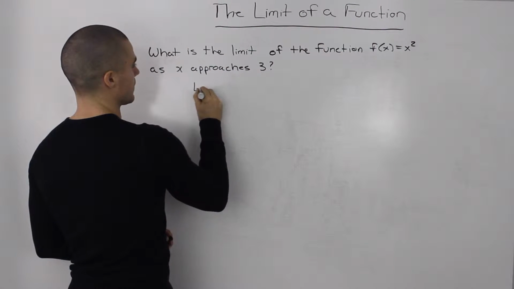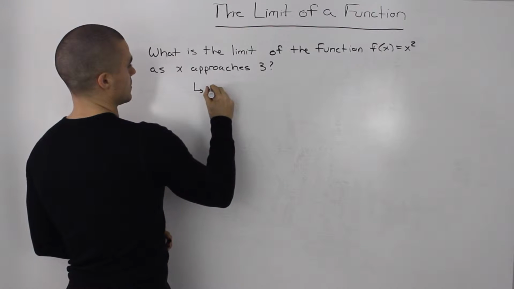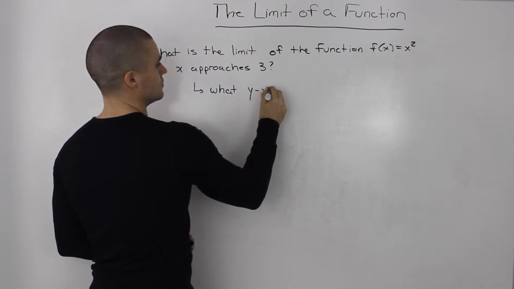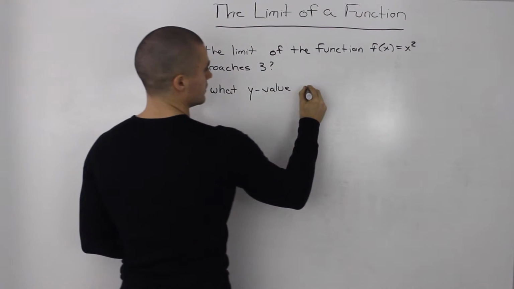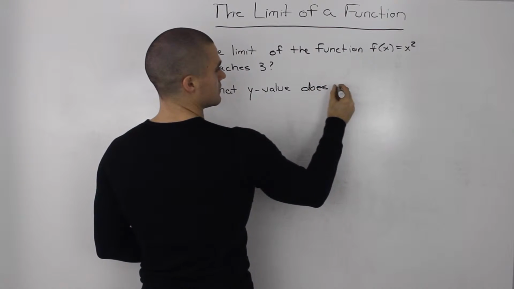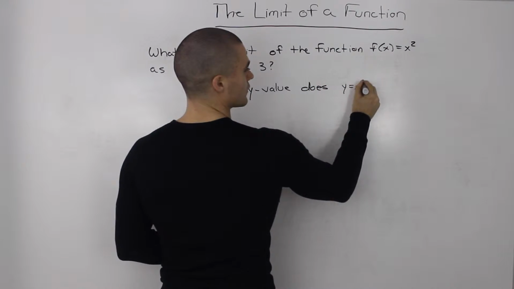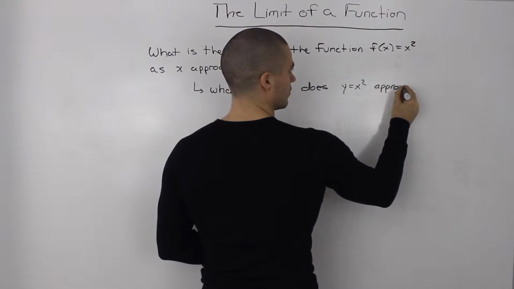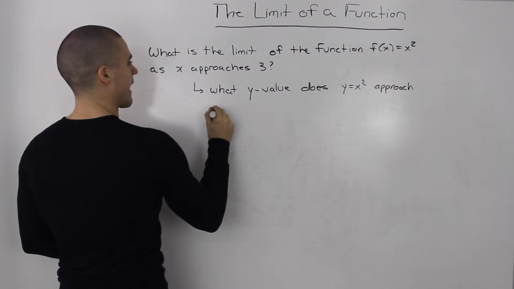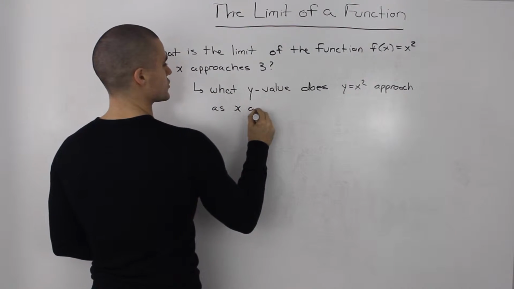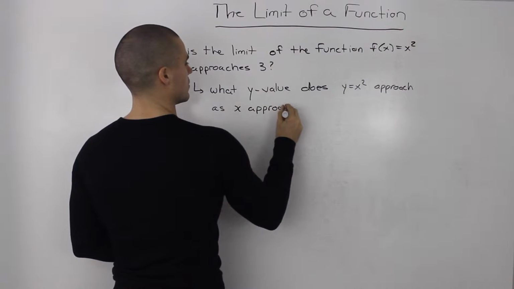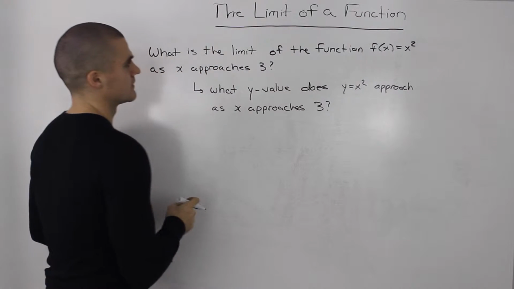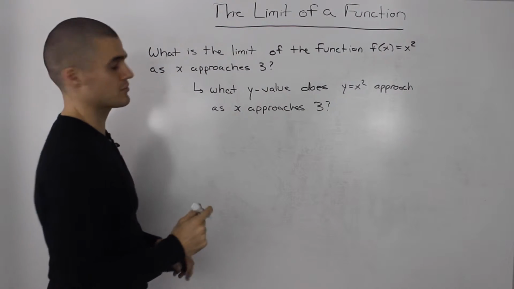So another way to rewrite this is: what y value does y equal x squared, the function y equals x squared, approach as x approaches 3? Basically, these two questions are the same thing.